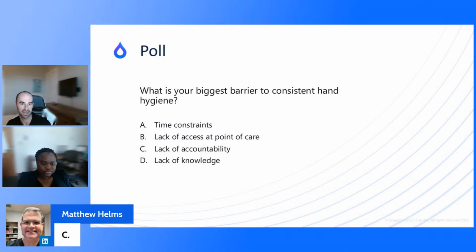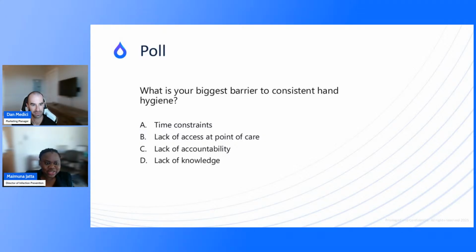Matthew Holmes said lack of accountability as well. Yeah, and I think those responses are similar to the previous question, that the safety culture of the organization was also a factor. So it goes together: that culture of safety also includes accountability, individual accountability, but also collective accountability.